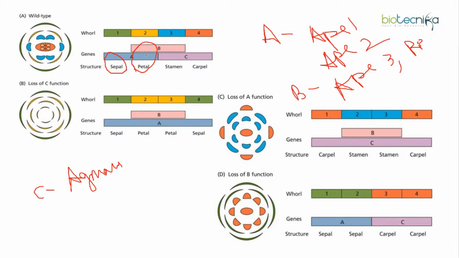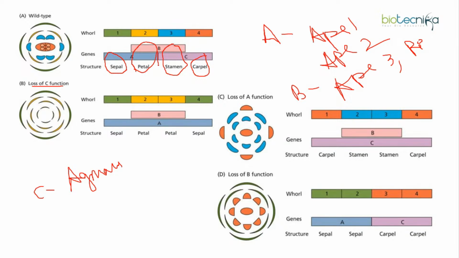Can I make out that two classes of genes are required here? Class B and C genes are required to form the stamen, and class C gene is required to form the carpel. So therefore, if there is a loss of C function, what will happen?